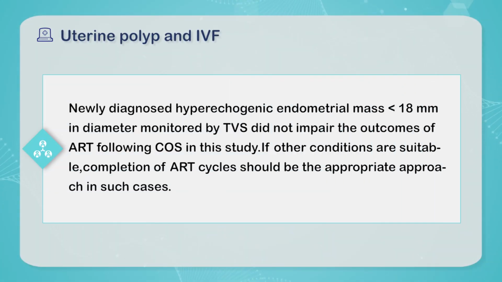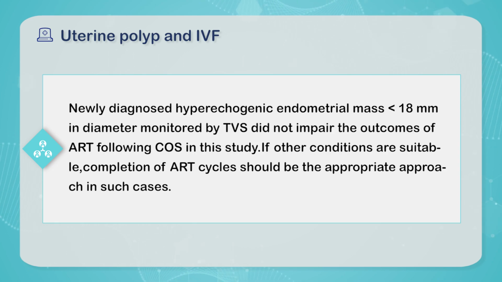So, our study about uterine polyps. We did a study about newly diagnosed heterosonic endometrial mass, that is HEM. Newly diagnosed HEM, less than 18 mm in diameter, monitored by transvaginal ultrasound, did not impair the outcomes of ART following controlled ovarian stimulation in the study.